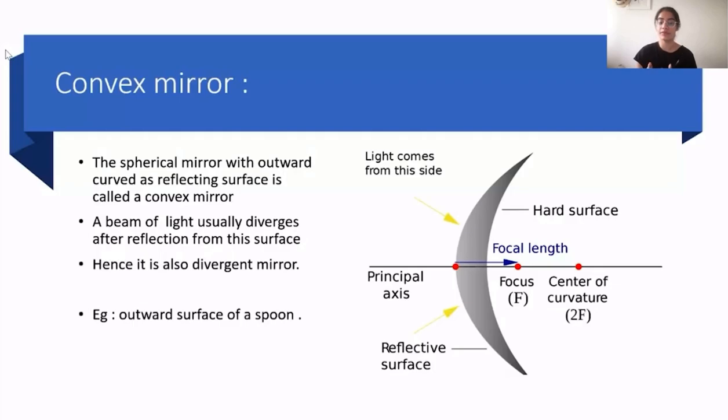Why? Because beams of light incident on such reflective surfaces diverge after reflection. Hence, it is also a divergent mirror. Example being the outward surface of a spoon or even the rear view mirror of a car. It acts as a convex mirror.